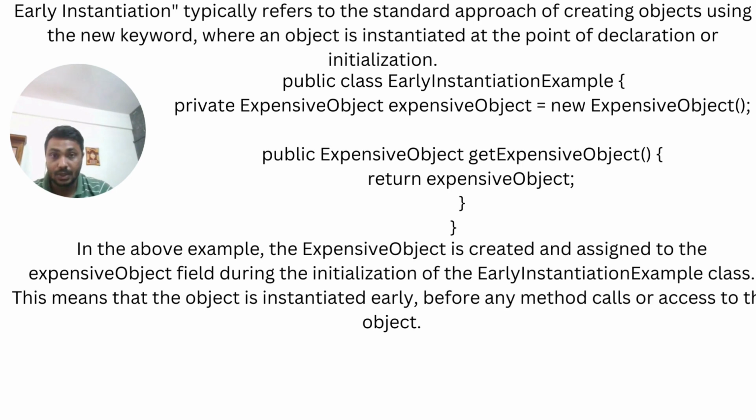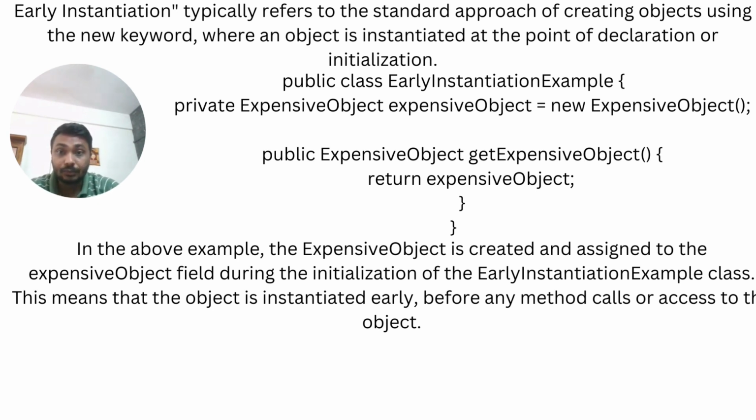So when we define this private, expensive object is equal to new object. We created the object and assigned the expensive object field at the time of initialization. This is called early initialization.